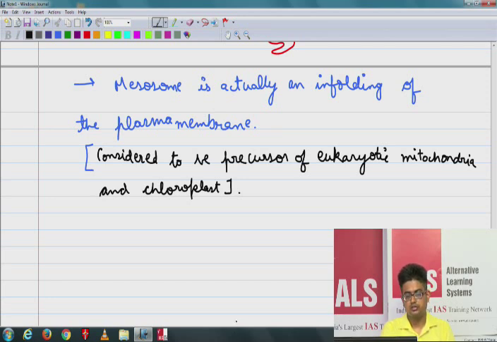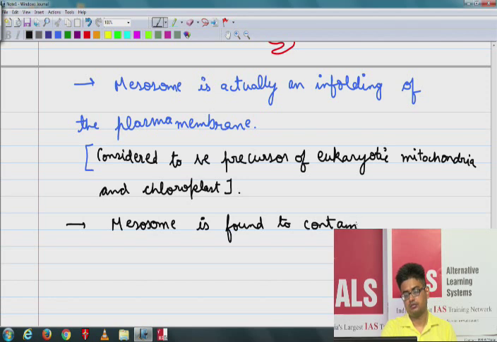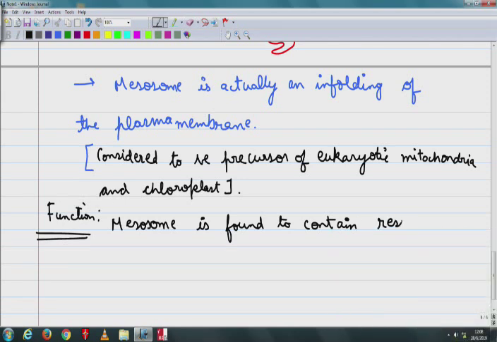The function of mesosome is asked, so what you will write is: mesosome is found to contain respiratory enzymes and helps in respiration.